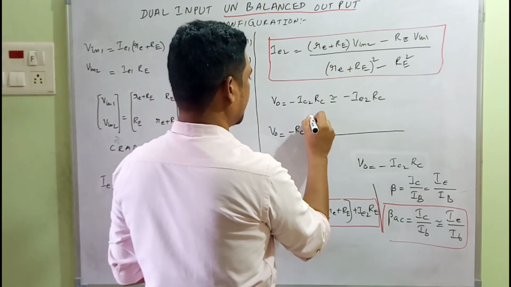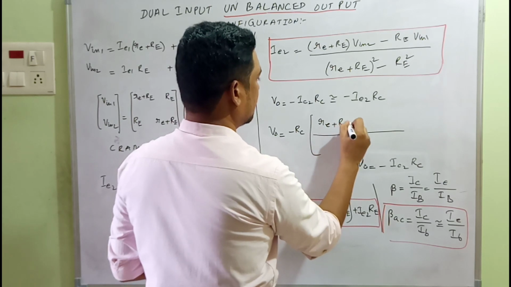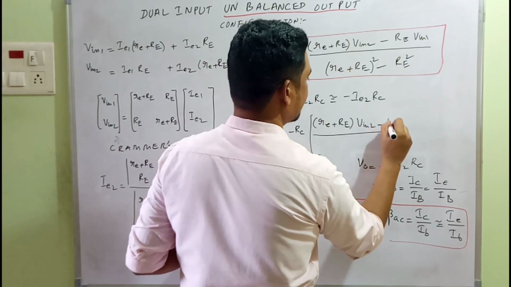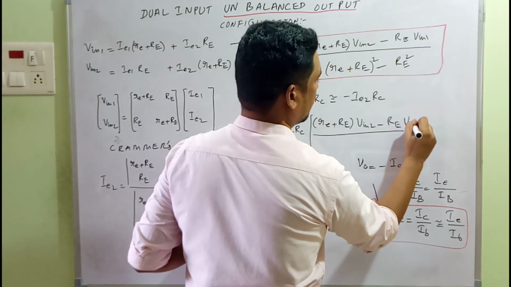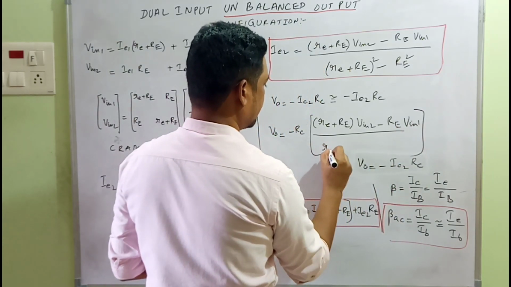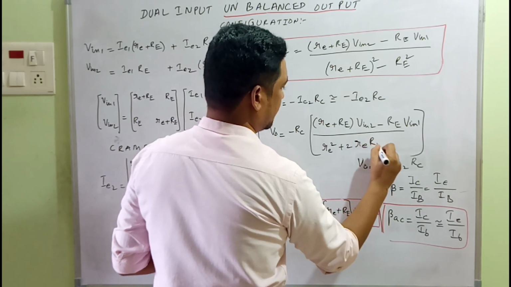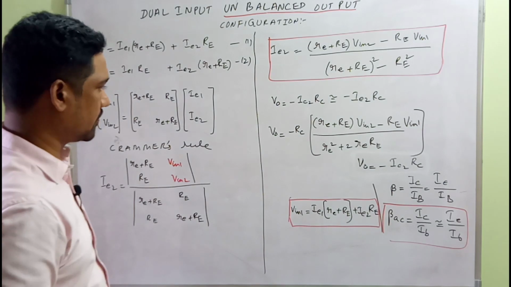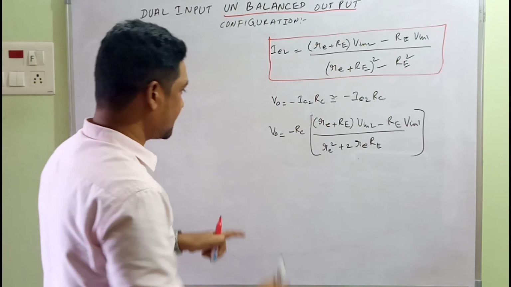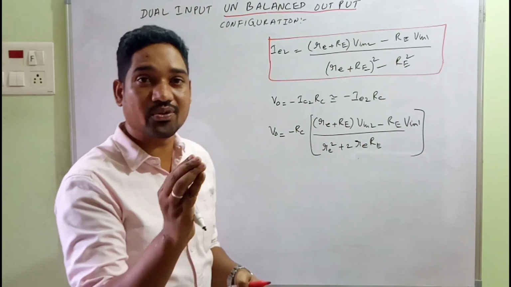So that gives me into (RE plus RE) into Vin2 minus RE Vin1, upon RE square plus 2 times RE and RE. Please make a note of the expression for V0 in terms of IE2. This is the expression for V0, and there is a small simplification over here, which is the actual game changer.